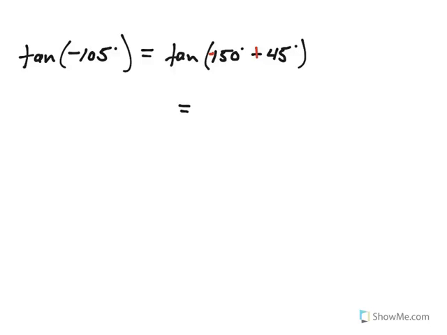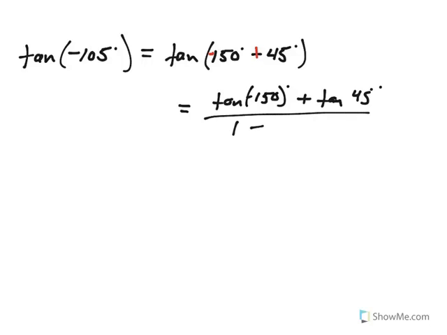This is going to be equal to tangent of negative 150 plus tangent of 45 divided by 1 minus tangent of negative 150 times tangent of 45.